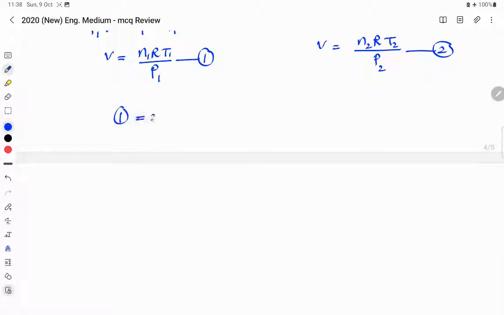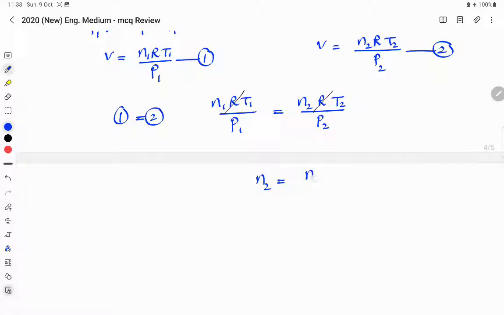Equation 1 equals equation 2. So N1 R T1 over P1 equals N2 R T2 over P2. Now this R gets cancelled off, and we can isolate N2 here.